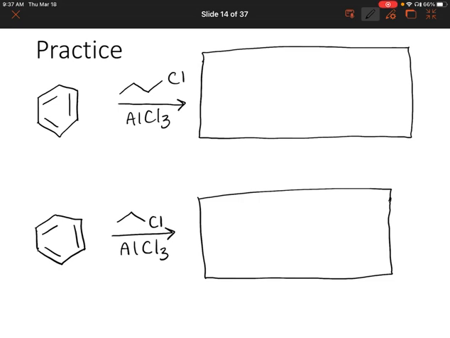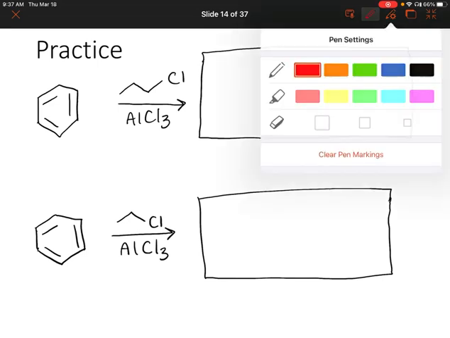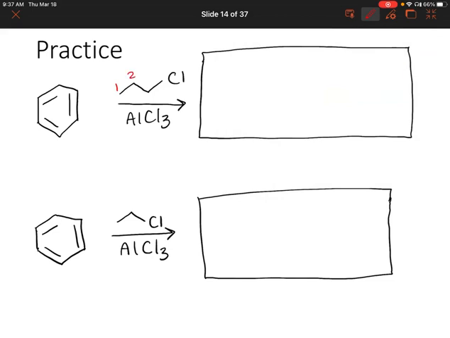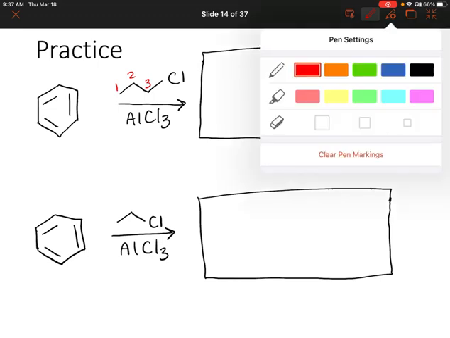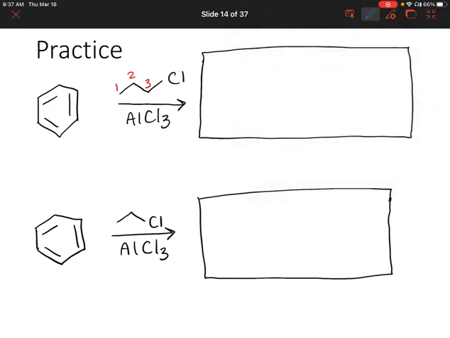All right, so let's start with the first problem. So again, we have a 3-carbon chain on our alkyl halide. Now, when we form that carbocation intermediate, what type of carbocation would we have? Would it be primary, secondary, or tertiary? Primary, right?